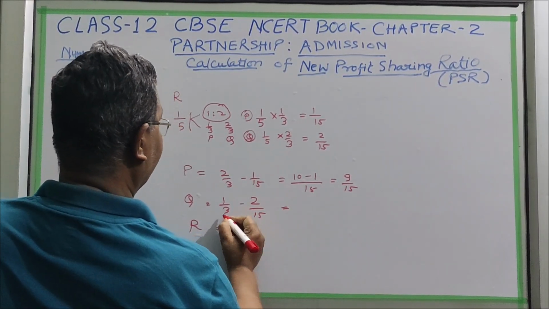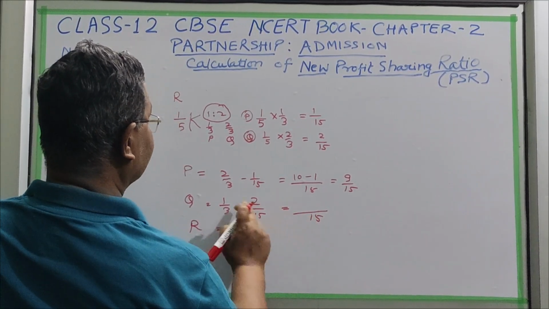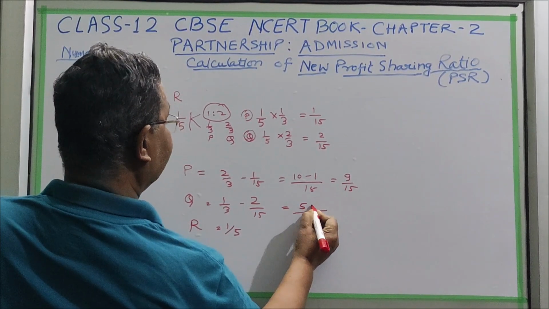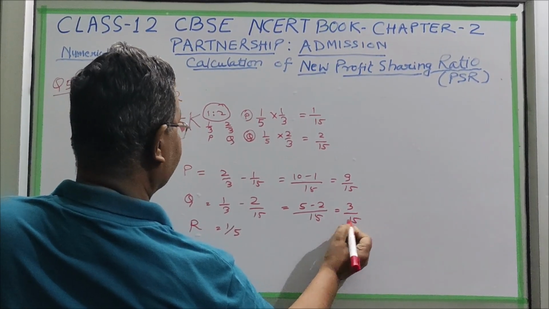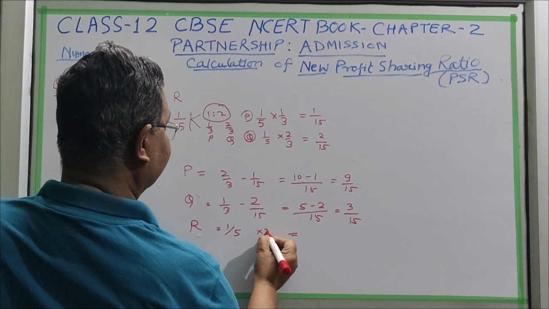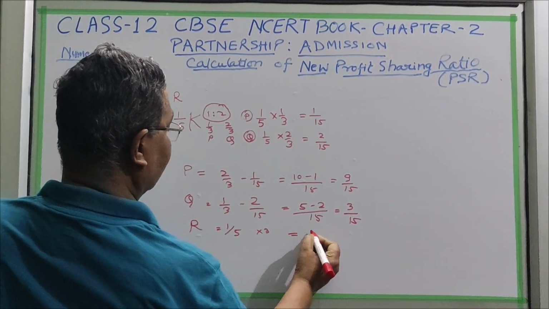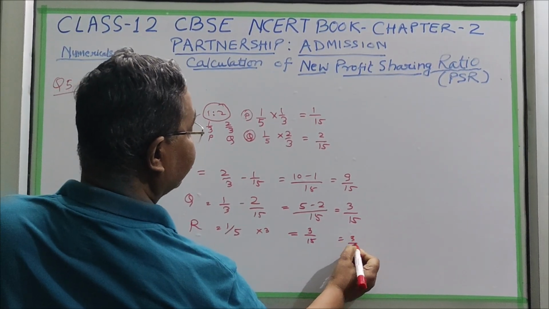Then here LCM is 15. 3 we divide, 5 comes, and 5 1s are 5. 5 minus 2, it will be 3 upon 15. And here we have to make it 15, so multiply by 3, both numerator and denominator. So 3 by 15 is equal to 3 by 15.